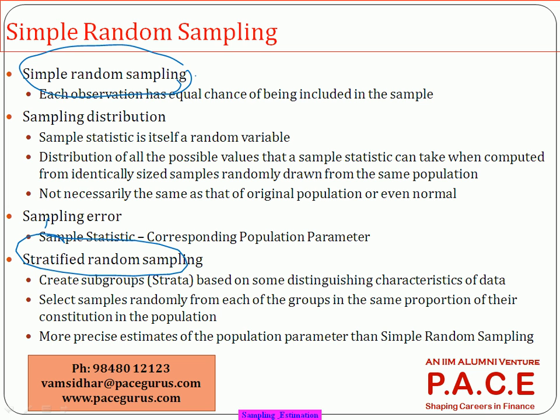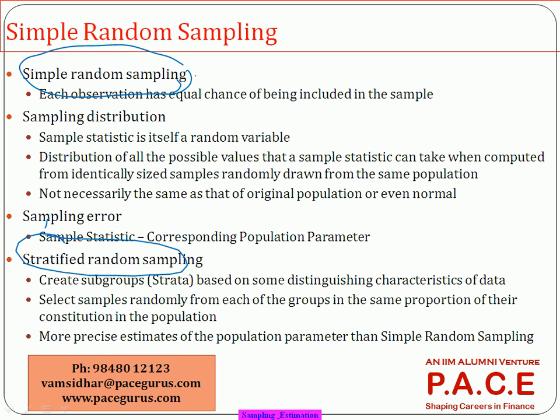Again, if I want to compare the heights of old people versus young people, instead of randomly picking some 1,000 people, it's better that I intentionally pick some 800 young people and 200 old people, if that proportion is more or less the same as in the entire population.